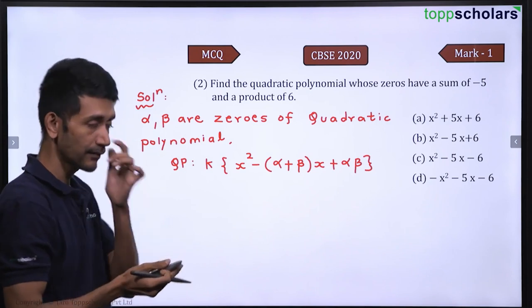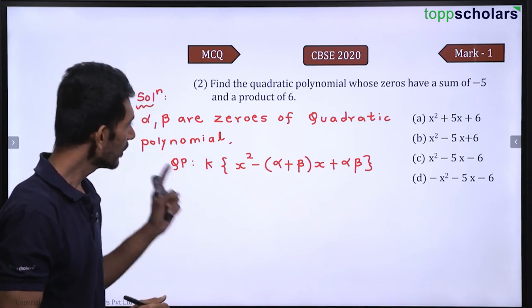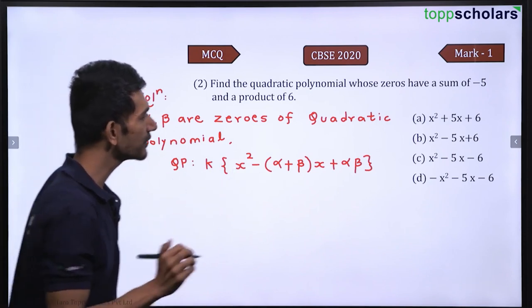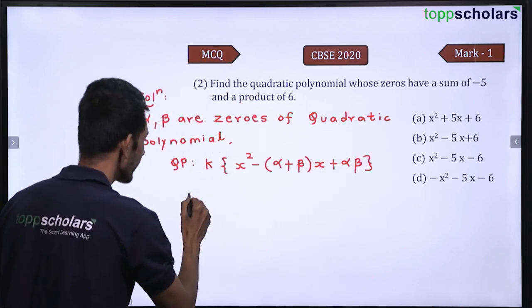So this is how we write down the quadratic polynomial when the sum of the zeros and the product of the zeros are given.